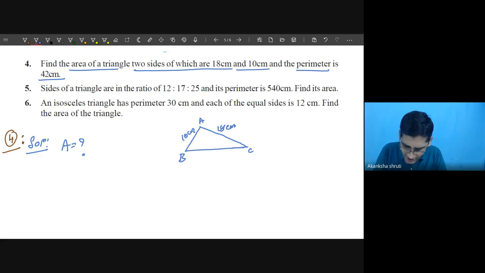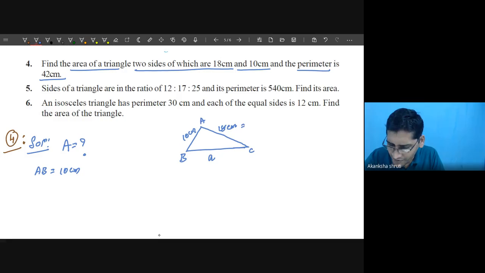So you may write AB is equals to 10 centimeter, or you may denote the side in front of A as a, the side in front of B, means the angle B, 18 as b, and in front of C, the 10 as c. Okay, student?